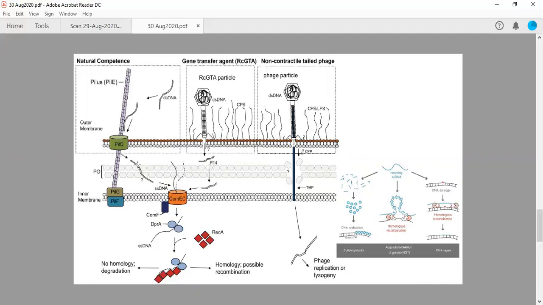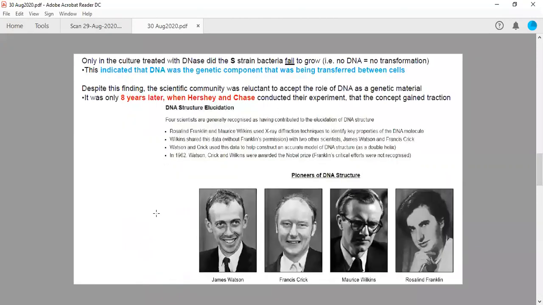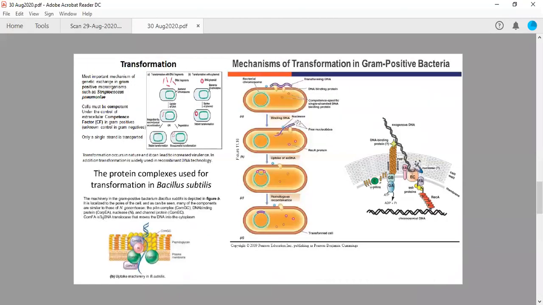In the periplasmic space, some nucleases are present, and these nuclease enzymes will degrade one strand of the double-stranded DNA fragment, and the single-stranded DNA will move through the same channel, with another protein helping in the translocation of this DNA fragment. So this ComFA is actually a DNA translocase, as you can read from the previous slide.